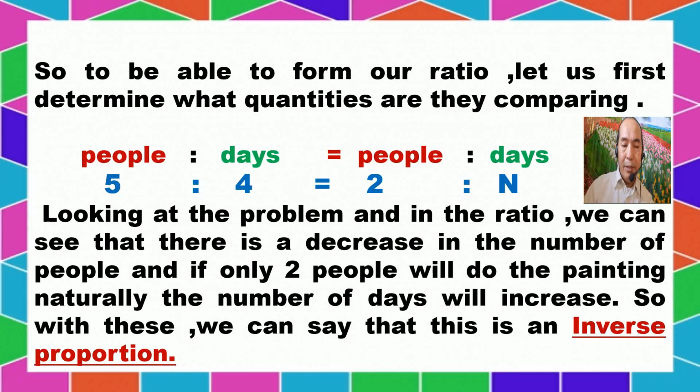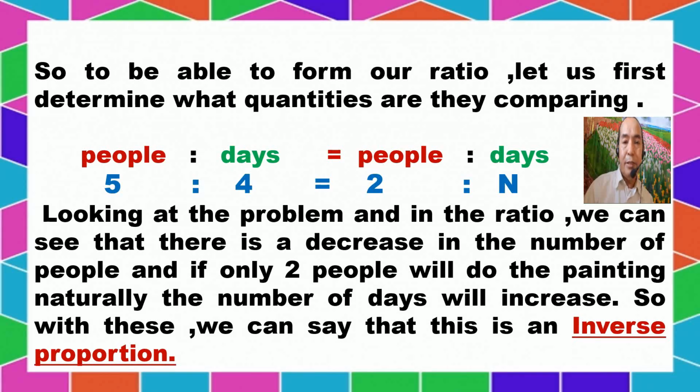So if that is the case, then we can say that this is an inverse proportion, because we can clearly see in the problem that there is a corresponding decrease in the number of people, so naturally there will always be an increase in the number of days.